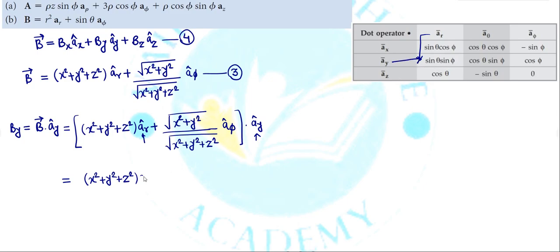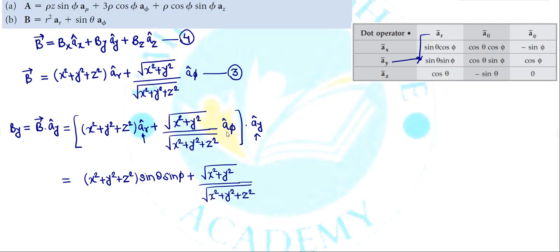So this term will be sin theta, sin phi plus square root of x square plus y square divided by square root of x square plus y square plus z square.